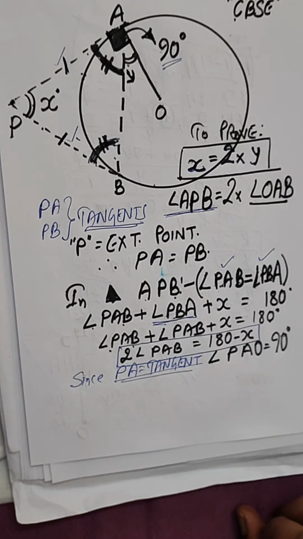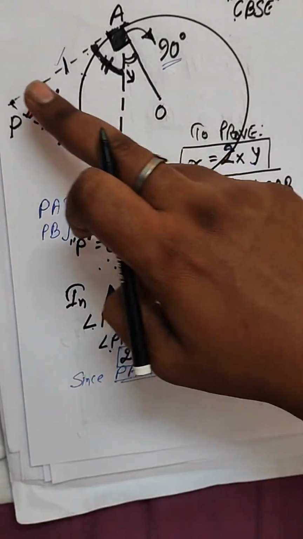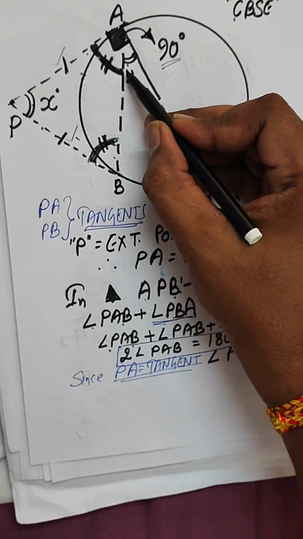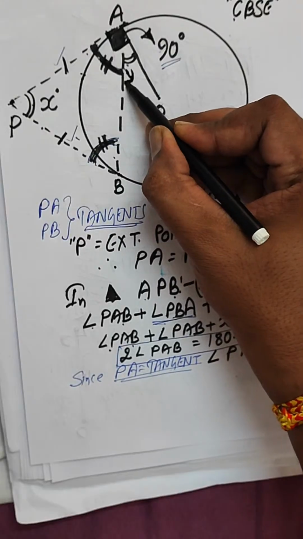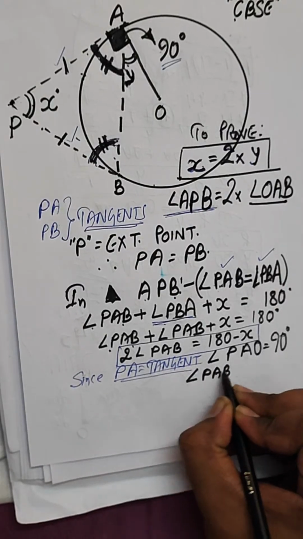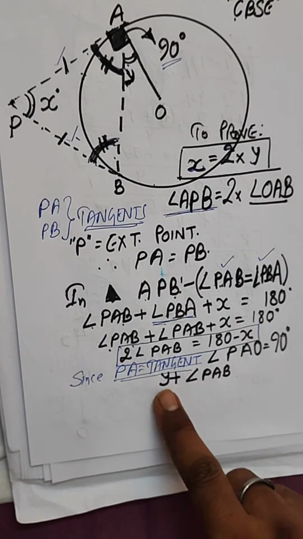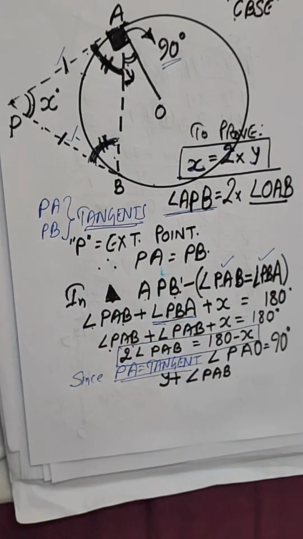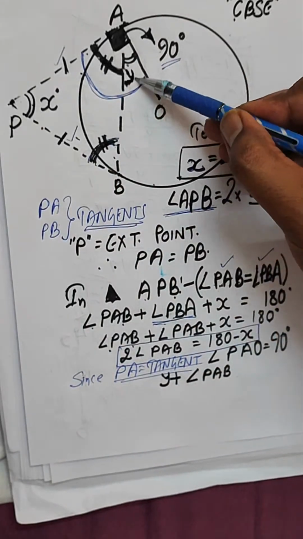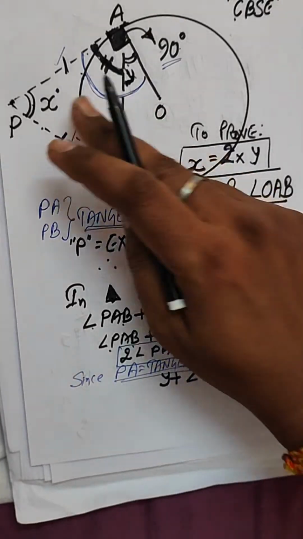If angle PAO is 90 degrees, then angle PAB plus this angle which we considered as y is equal to 90 degrees, because PA is the tangent.